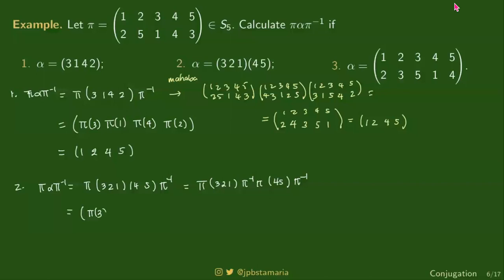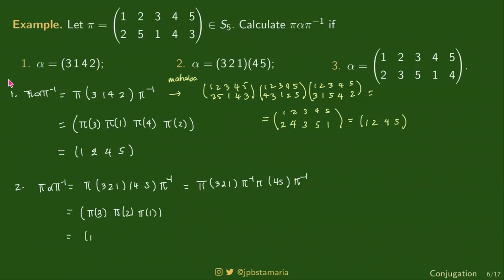Pi of 3, pi of 2. Ang dali ha. Pi of 3, pi of 2. Ano pa? Pi of 1. Ano yung pi of 3, pi of 2, pi of 1? What is that? Pi of 3 is 1.